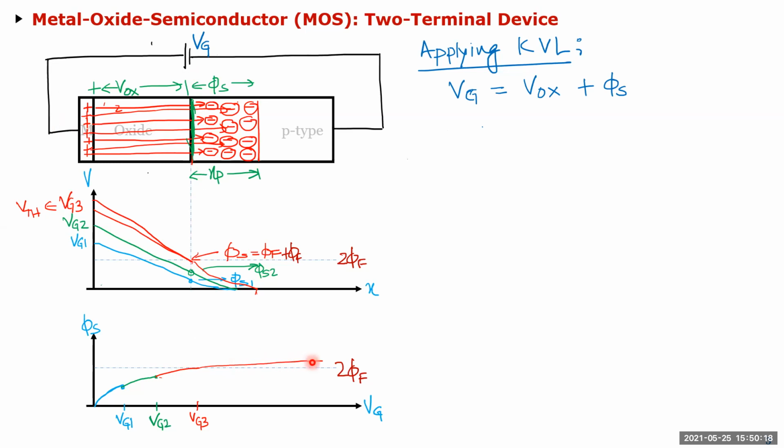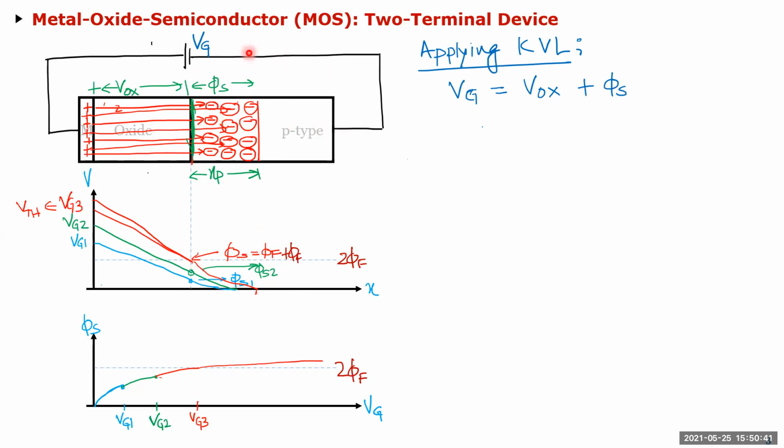After that, as you keep increasing VG, the 2φf doesn't change much because this now looks like a capacitor. You have metal on one side, and this depletion is almost fixed now. Okay. And your voltage is now just rising above this, and this is pinned at 2φf, and your electric field is just increasing here. The charges are increasing here. Okay.